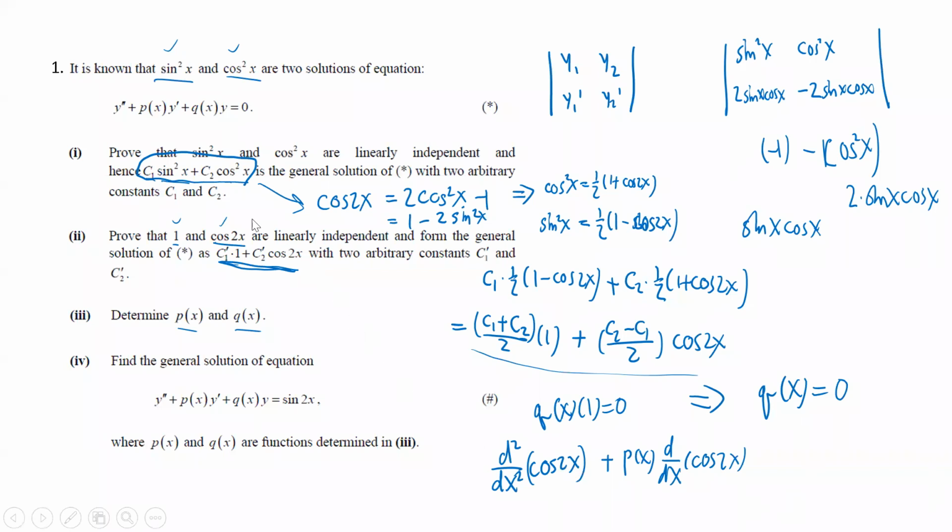And the q(x) I just found out is 0, so that term vanishes. So then d dx of cosine 2x, what does it give? It's minus 2 p(x) sine 2x.